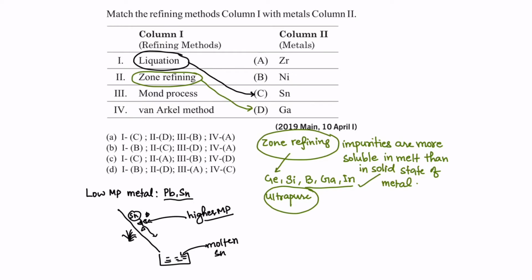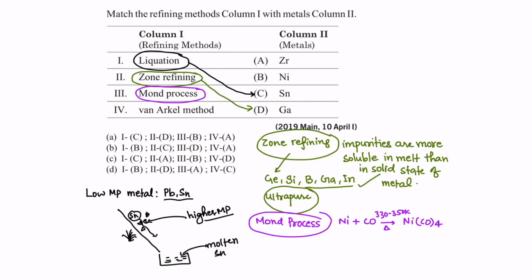Now, the third we have is the Mond process. The Mond process is done for purification of nickel. In that, we heat the impure nickel in a stream of carbon monoxide gas and form Ni(CO)4, that is nickel tetracarbonyl. The temperature is around 330 to 350 Kelvin.